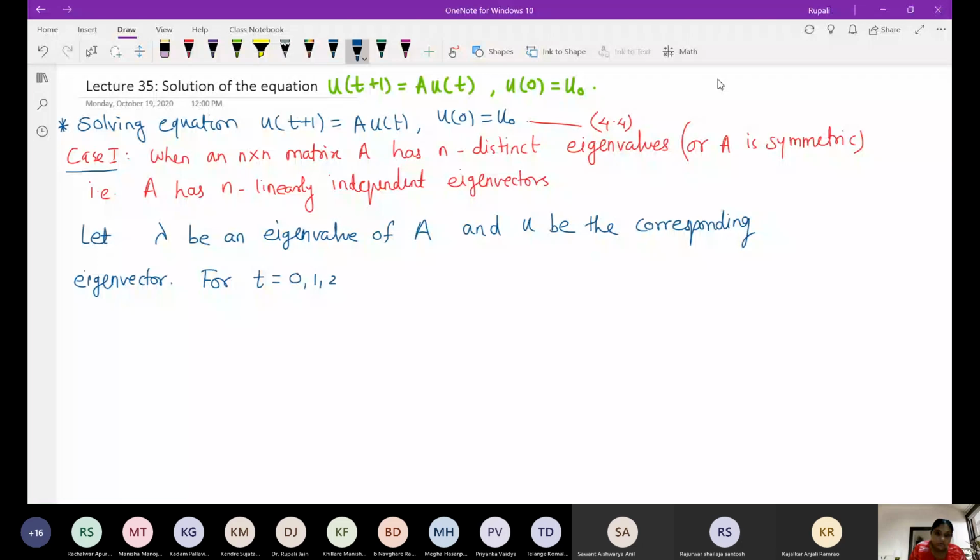Then we have A u is equal to lambda u, and A raised to t u is equal to lambda raised to t u, right? If u is an eigenvector and lambda is an eigenvalue, we know that it satisfies the equation A u is equal to lambda u. So what will be A raised to t u? It will be lambda raised to t u, right? Yes, ma'am.